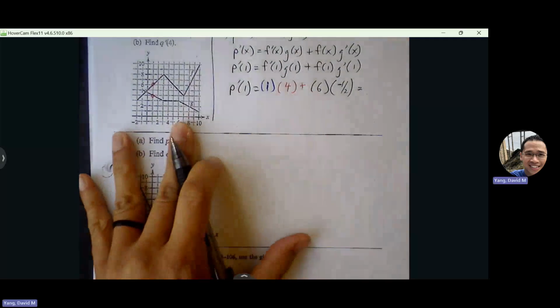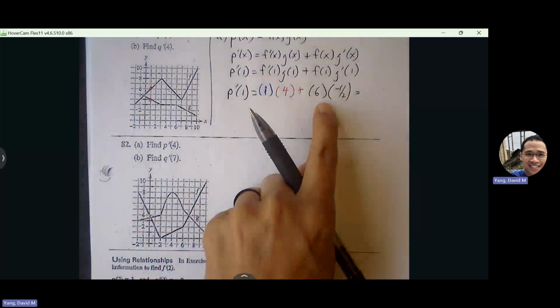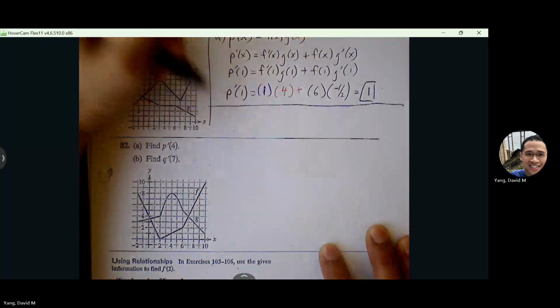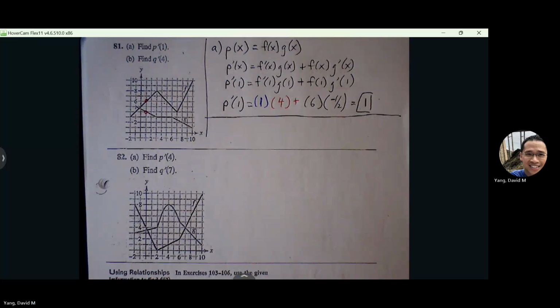Now combine all your numbers, and that's what your P prime will be. 1 times 4 is 4. 6 times negative 1/2 is negative 3. 4 minus 3 is, there's our P prime of 1. So once you have your derivative built out, you're just looking for either the slope or the ordered pair, the y value.